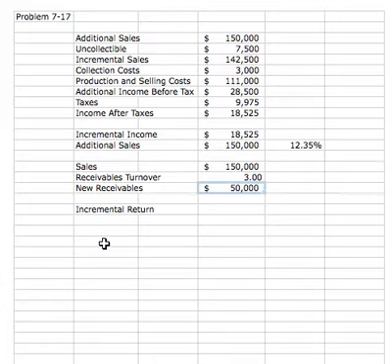So to calculate our incremental return, we're investing $50,000 of our cash into receivables in order to generate an incremental income of $18,525. So we simply divide $18,525 by the $50,000 investment, and we get a 37.05% incremental return.